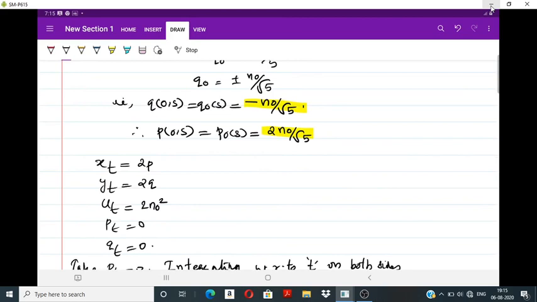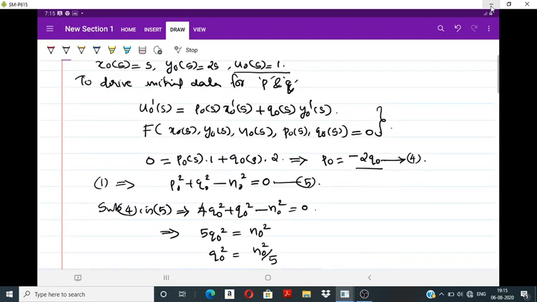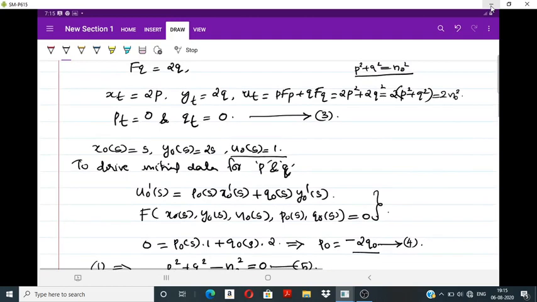And the second equation is the compatibility condition: u naught dash of s is equal to x naught dash of s into p naught of s plus y naught dash of s into q naught of s.